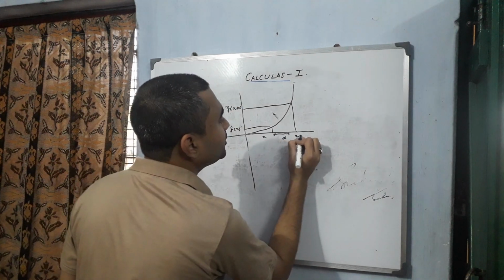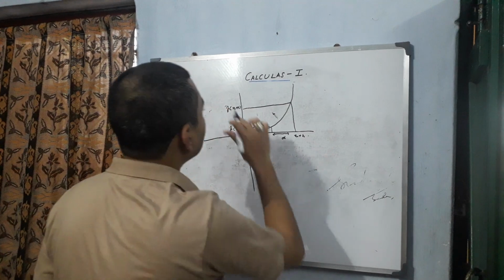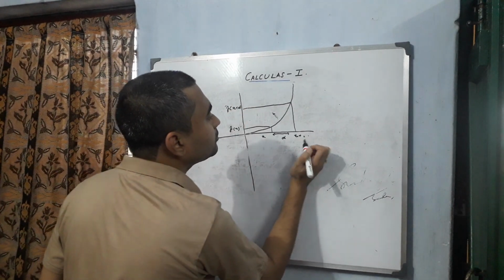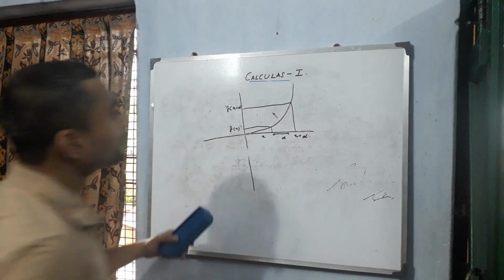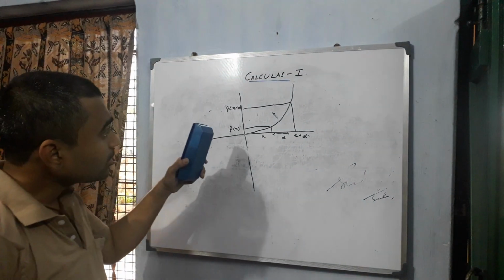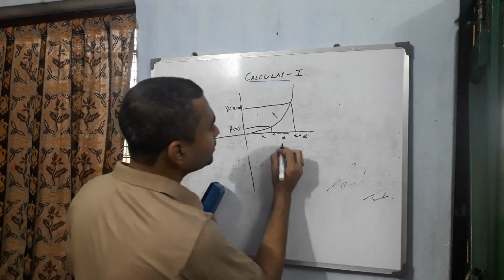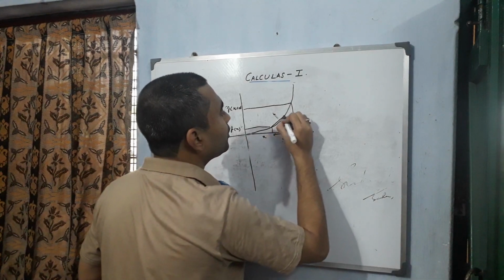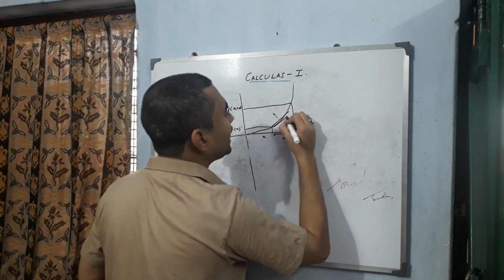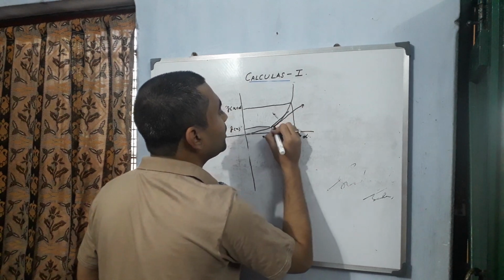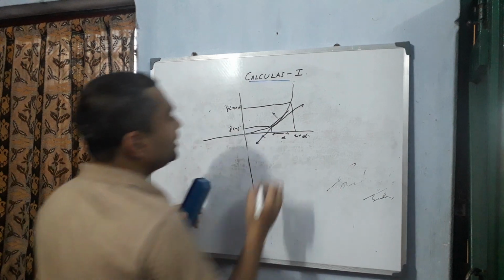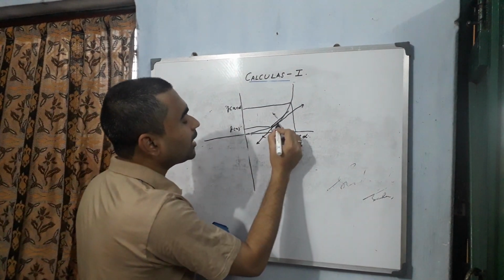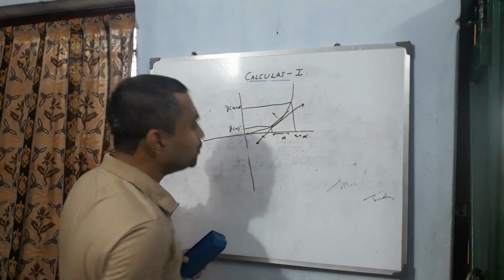This is x plus h. Now we make this distance smaller and smaller so that this chord actually becomes a tangent. The moment it becomes a tangent, we can find the rate at which this point changes the value.